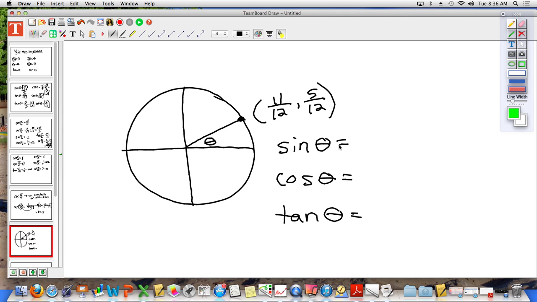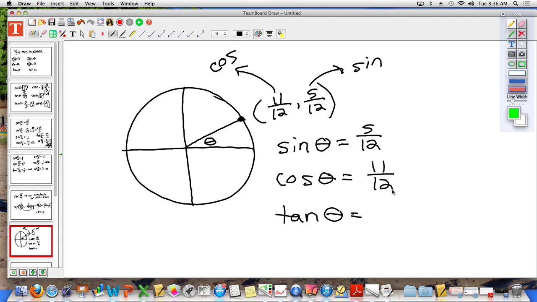It's 5/12. This value right here is the sine. What is this value called? The cosine. So you have 2 of them right away. So the sine of theta is 5/12. The cosine of theta is 11/12.